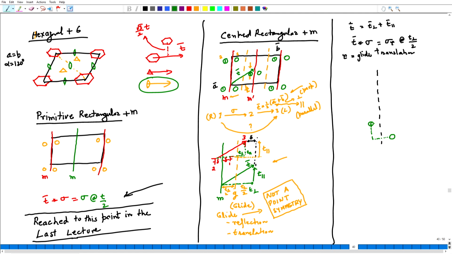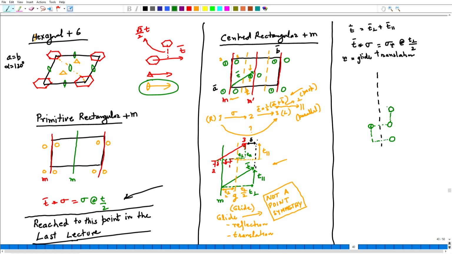Again reflect, change of handedness, and translate to a new position, but this object is not to be kept here. Again reflect, translate, reflect, change in handedness, but I do not leave the object here.